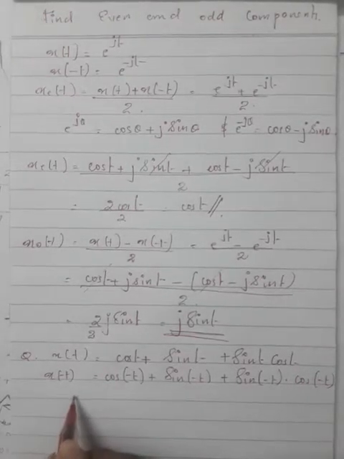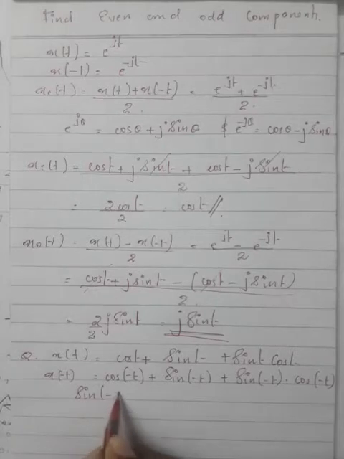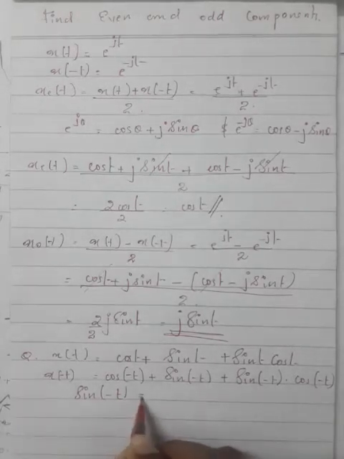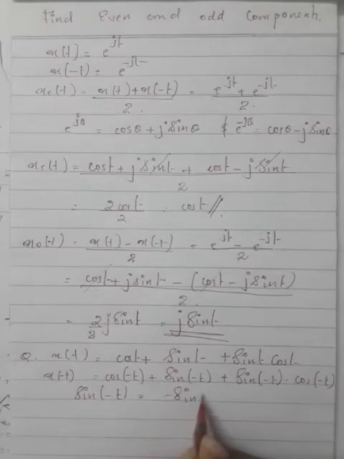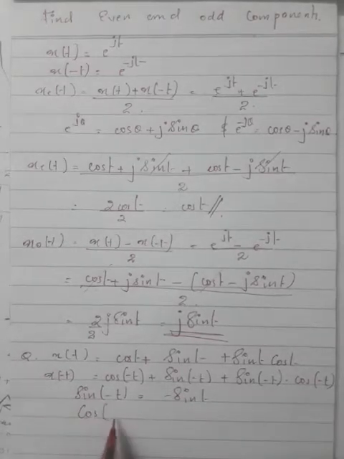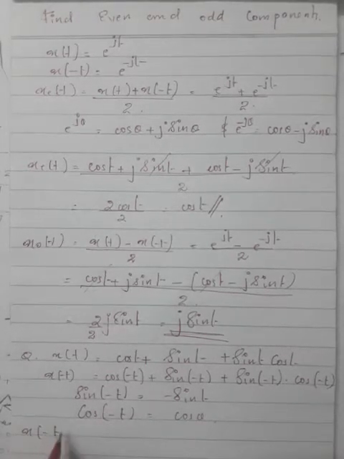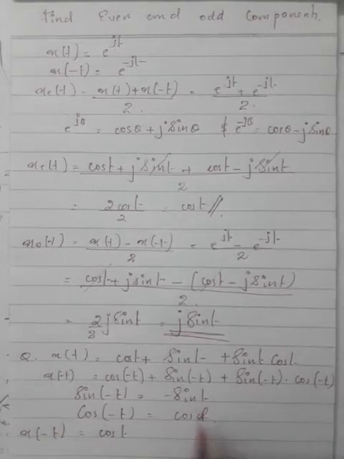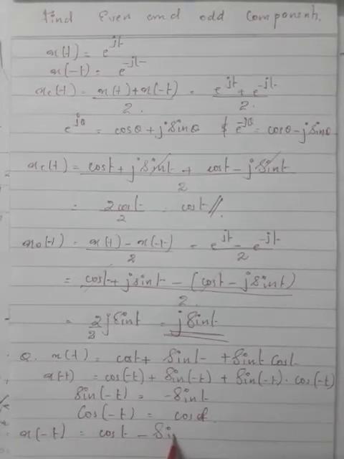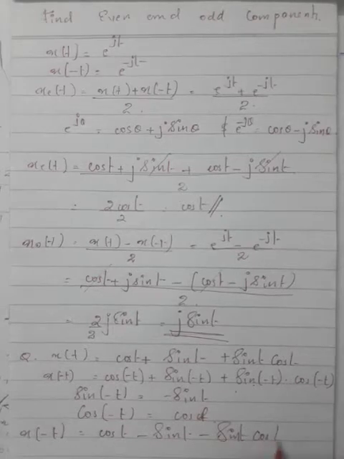And we already know that sine of minus theta equal to minus sine theta, and cos of minus theta equal to cos theta. Then we can write x of minus t as cos t minus sine t. Now this is minus sine t and it will be cos t. So it is equal to minus sine t cos t.